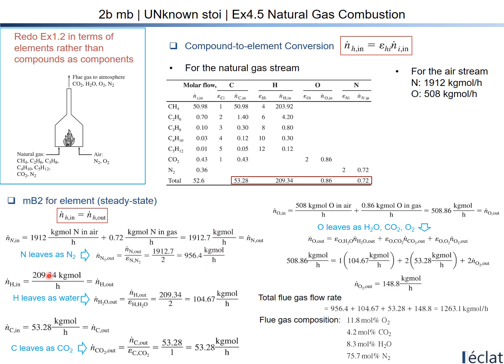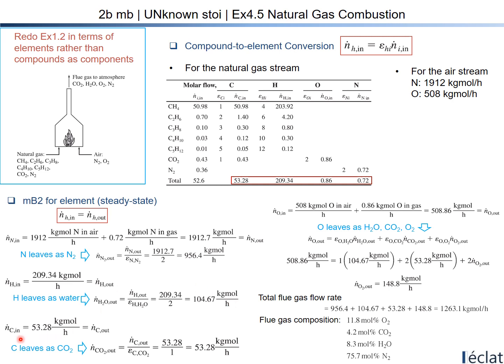And then let's go to the hydrogen. Hydrogen input is equal to output, and hydrogen input is this value, which comes from here. And H leaves as water, and water has two hydrogen atoms, so this value divided by 2 is the water flow rate in the upstream.